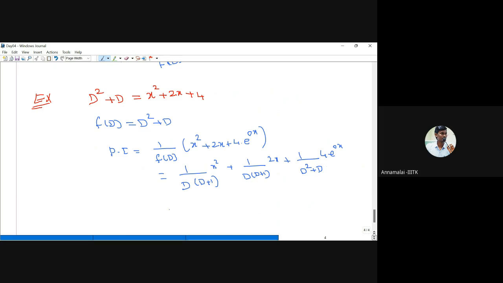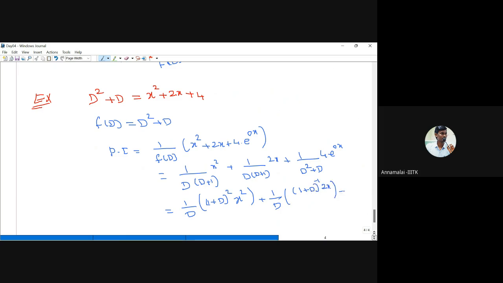In this case, first keep the 1 by D and operate the other factor. You can take 1 plus D to the numerator, and we get (1 plus D) whole inverse. First you operate only the 1 plus D inverse on x square, and after that you operate 1 by D. Similarly here, first operate this one, so we get (1 plus D) inverse into 2x.